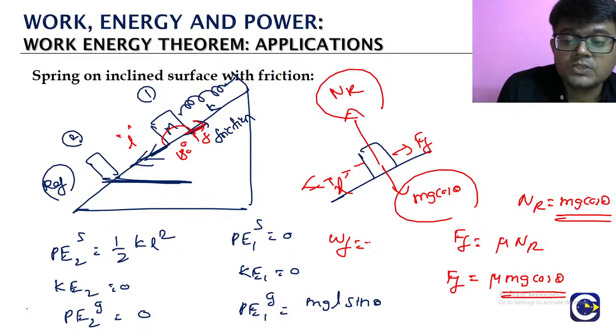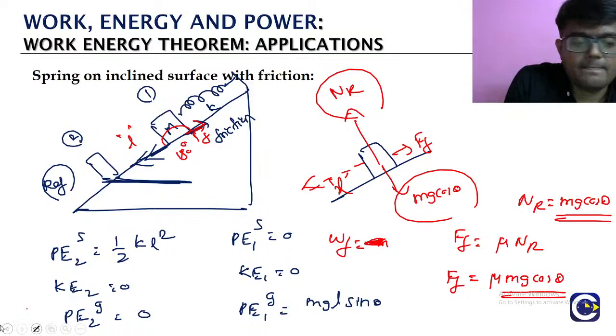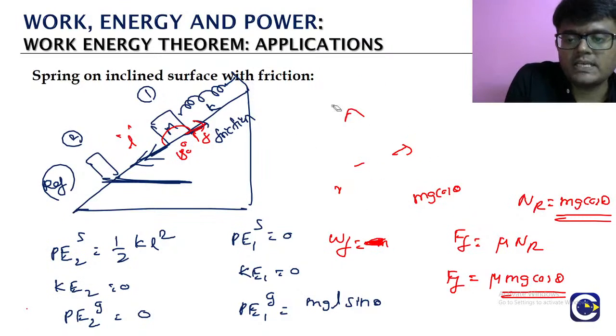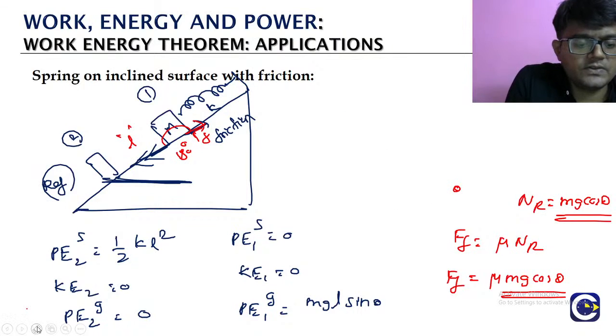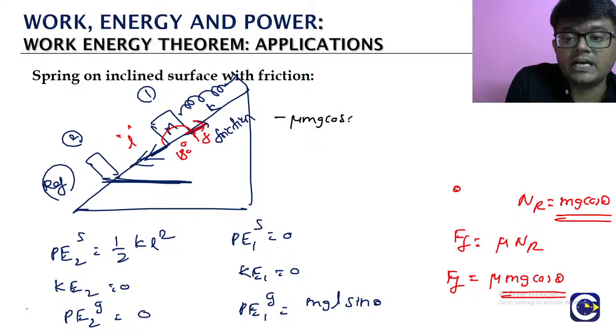So what is it? Minus. Now that we got the expression, we will erase all this part. So the work done by the frictional force is minus mu mg cos theta into L.